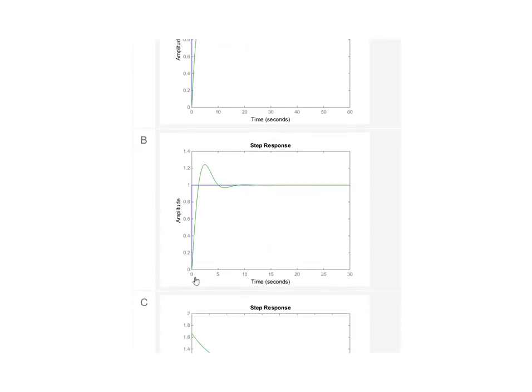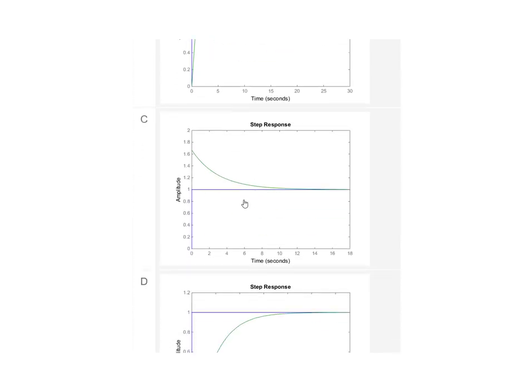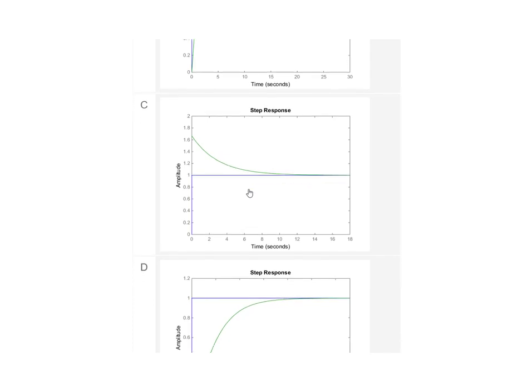It's also consistent with B, but here we have this damped oscillation, so we can exclude B. In C here we can exclude this response because we can see that there is a direct feed-through. The step response at the origin is non-zero. This corresponds to a lead-lag system, so 1 lead, 1 lag time constant.